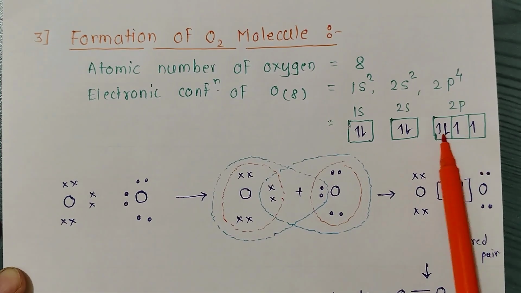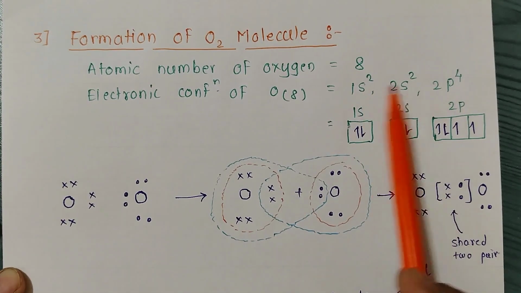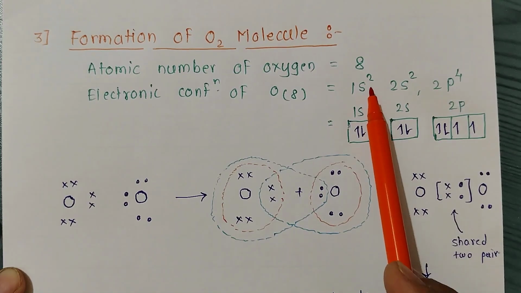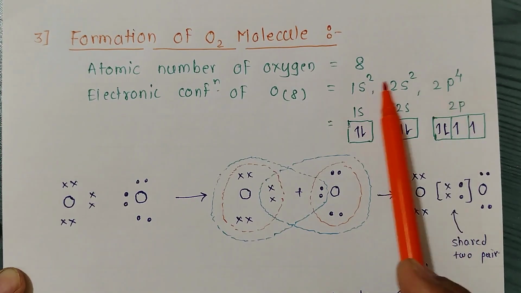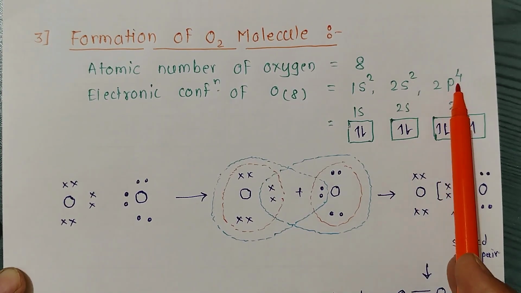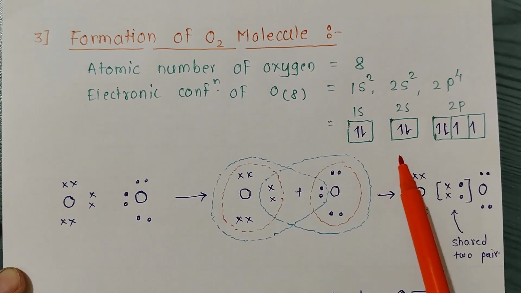So we can fill 1, 2, 3 and 4 in this way. In the 1s shell 2 electrons, in the 2s shell 2 electrons, and in the 2p shell 4 electrons, meaning 2 plus 2 is 4, 4 plus 4 is 8, so total 8 electrons are present in the oxygen atom.